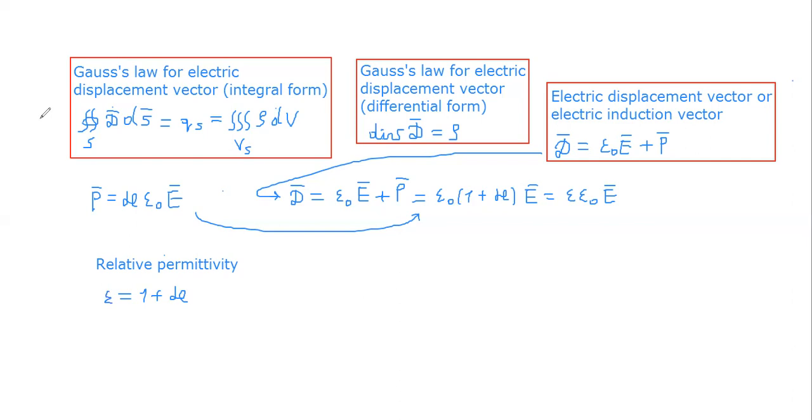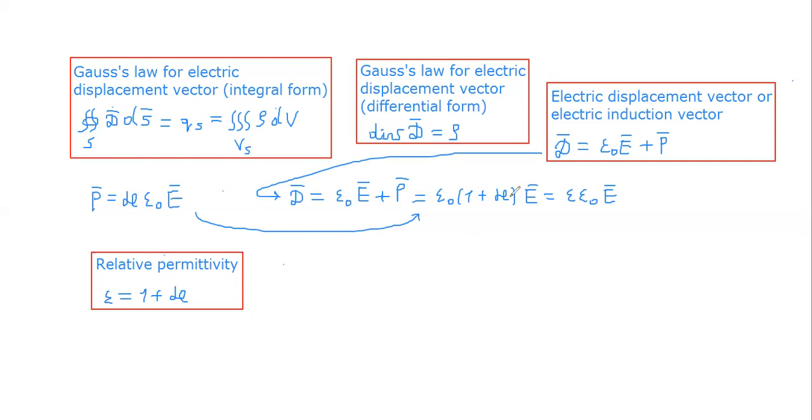This is the property of dielectric. And for isotropic dielectrics that we are learning, relative permittivity is a simple number.